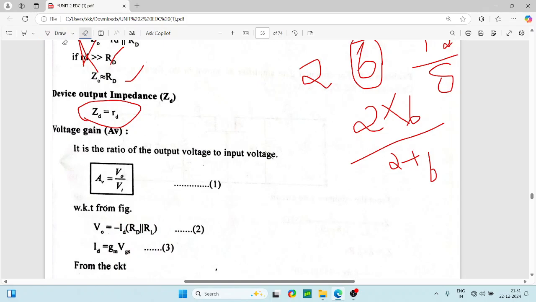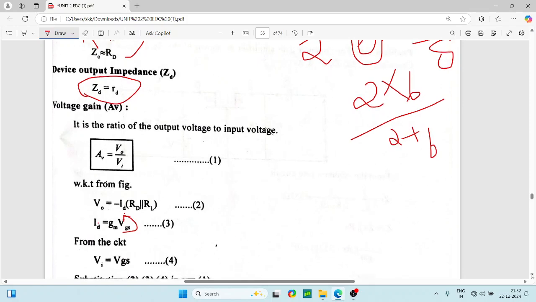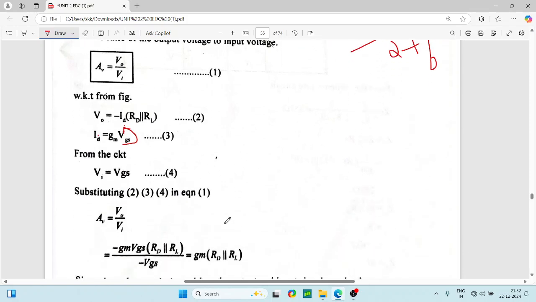Now I'm substituting this value here and I find out the V naught. Are you clear? Then for the circuit, you just add. So listen here, V naught by VA. You know the value of V naught.